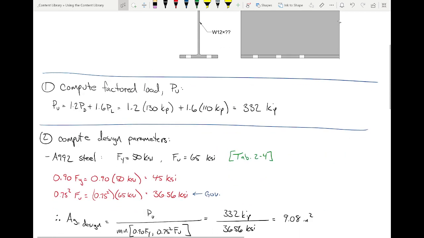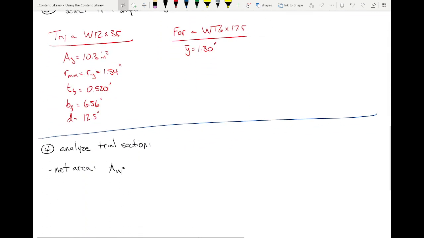So I already put the equal there, Ag, minus 4 times that. And to get the hole diameter, we take the bolt diameter and we add what? 1/8 inch. So the bolt diameter was 7/8 of an inch. That makes a hole diameter of 1 inch.